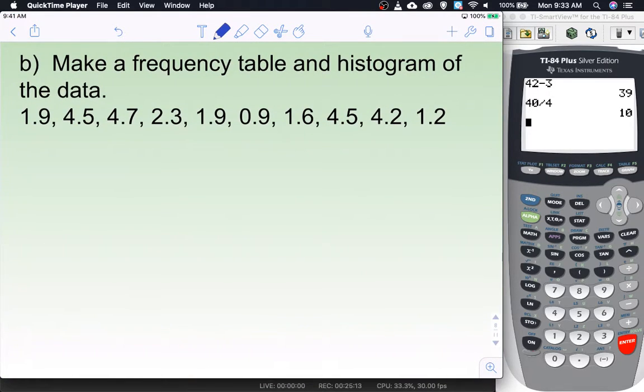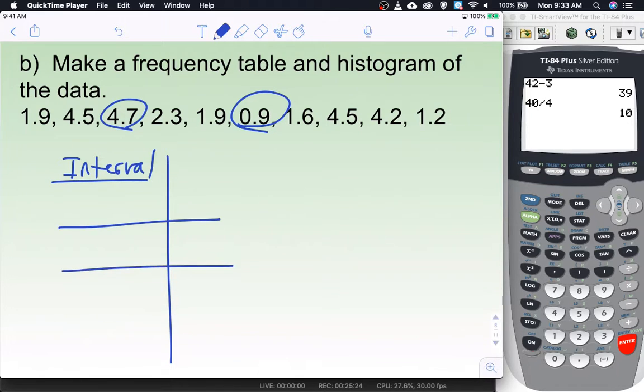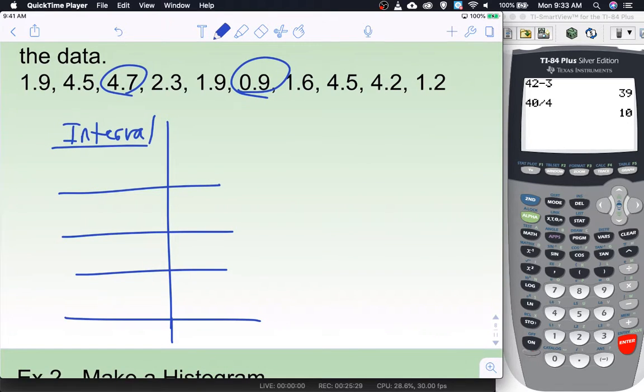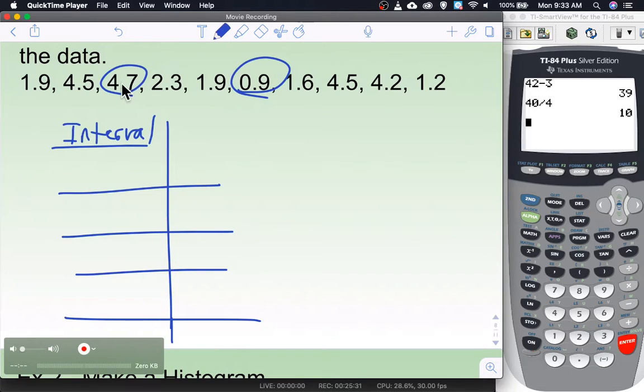Okay. Lowest value, highest value. Interval. So I don't know how many intervals I want yet. Somewhere between 3 and 5. So I'm going to figure out the range of this.